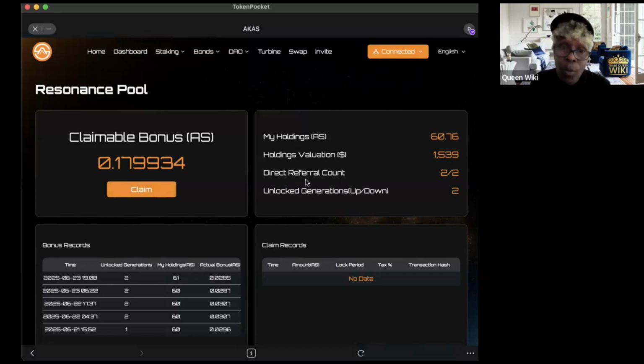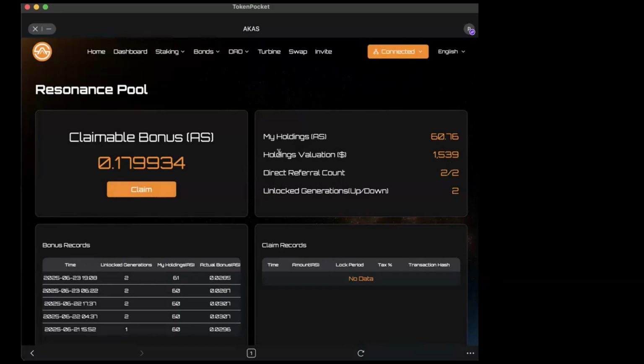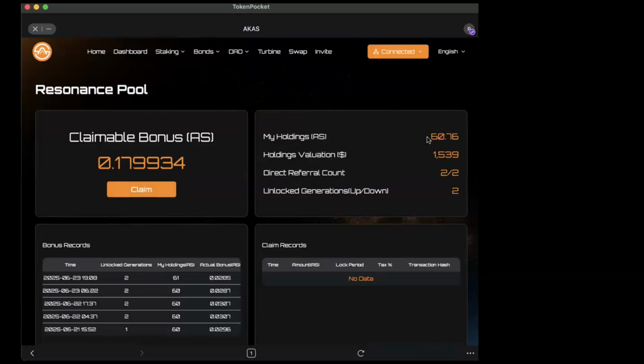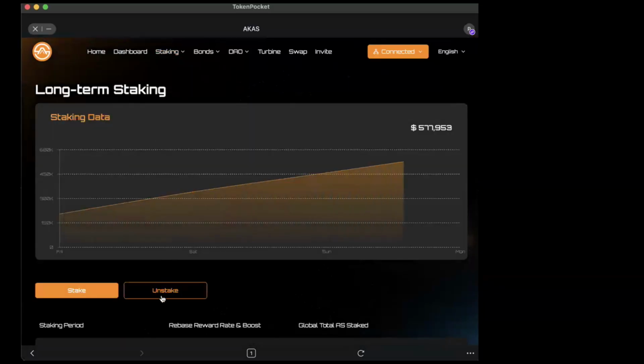Holdings here is my holding, as in the quantity of the AS token. This is only my holding. You see here it's about 60.67. Why 60.67?